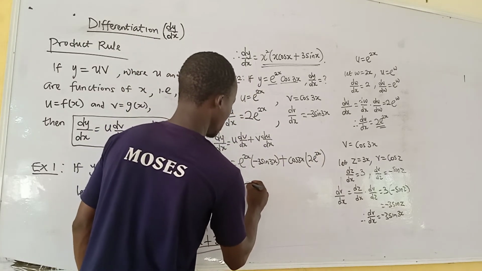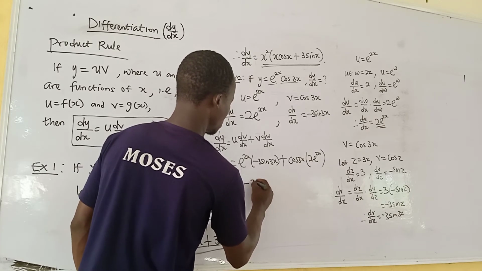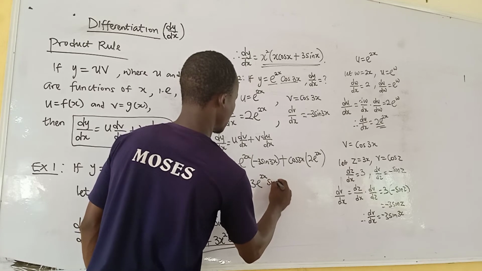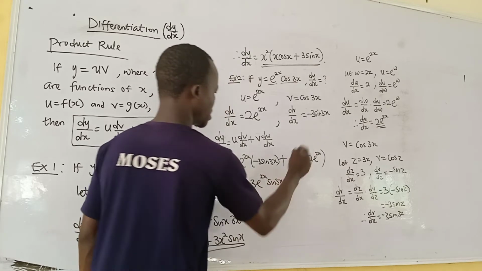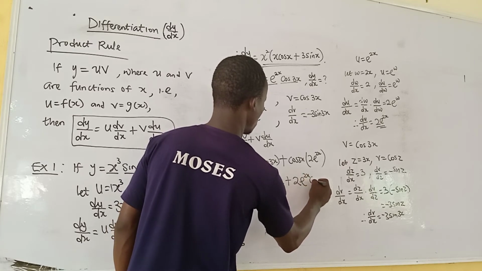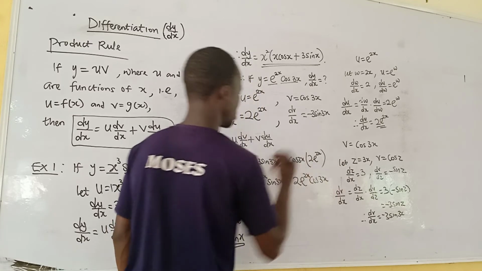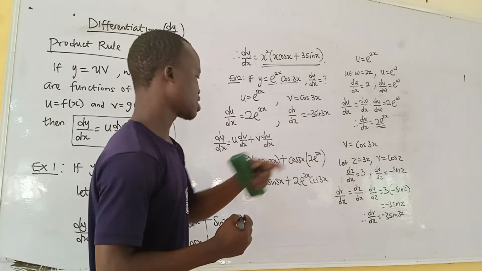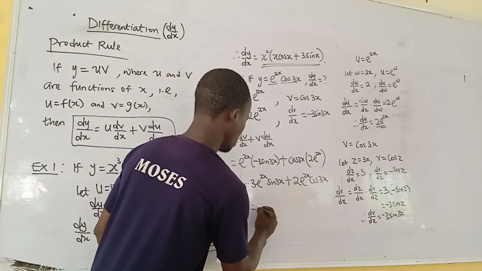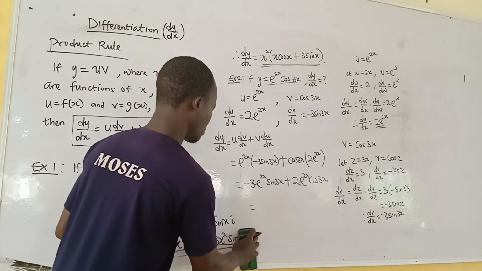Then we just simplify this. We have minus 3 exponential 2x sine 3x, and the next one we are going to have 2 exponential 2x cos 3x. What is common to both? Only exponential 2x. We can just factor it out.